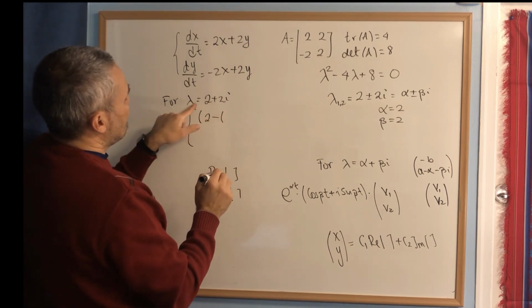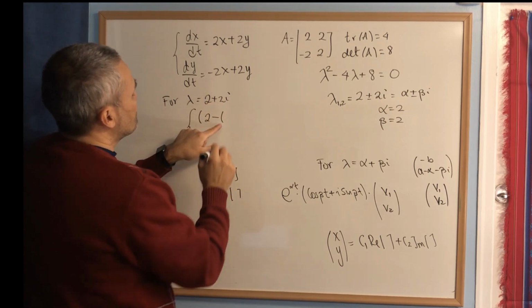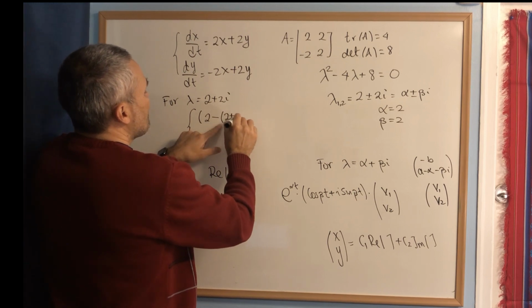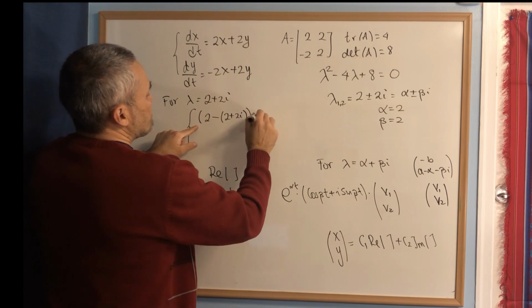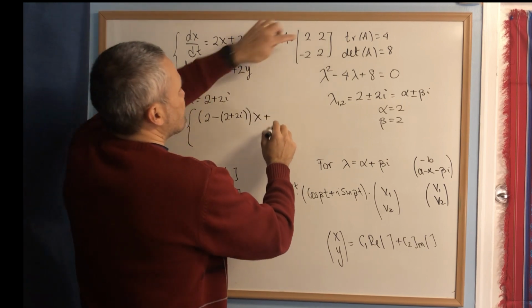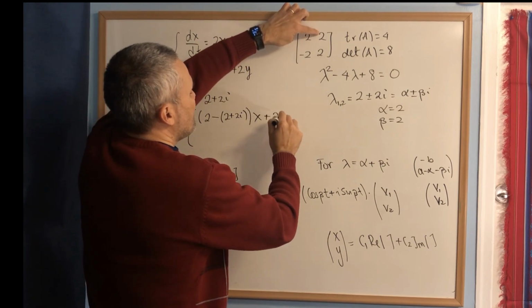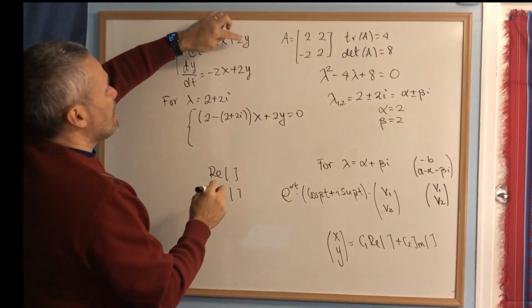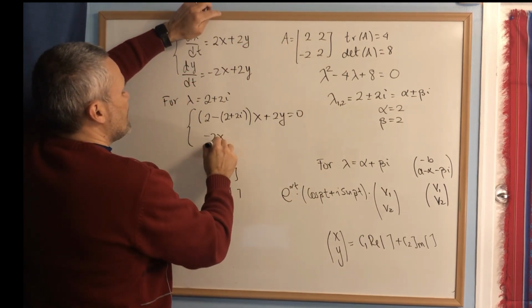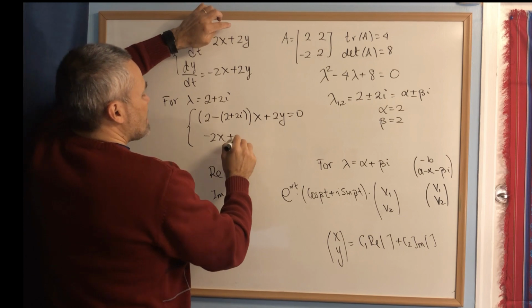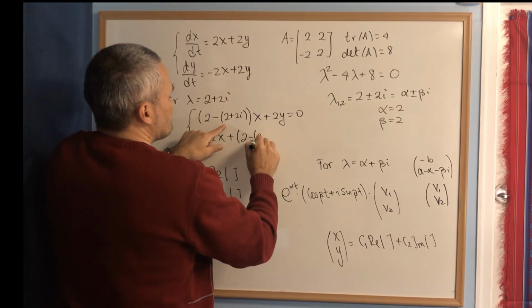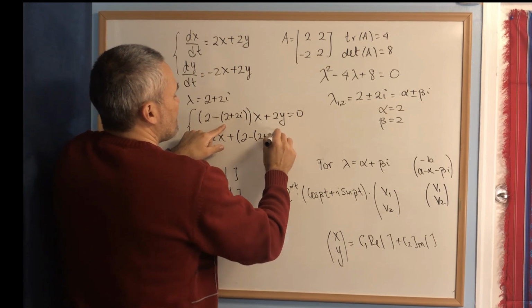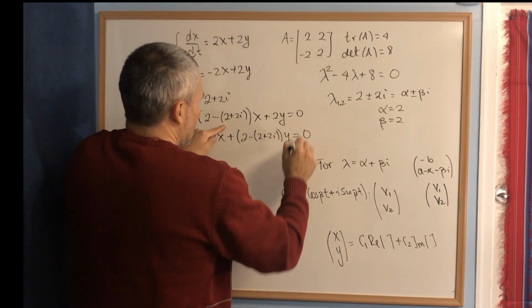Since lambda has two parts, it's important to write a parenthesis, 2 plus 2i, and then close the parenthesis, times x plus 2y equals 0, and here is negative 2x plus 2 minus lambda, but lambda is 2 plus 2i, times y equals 0.